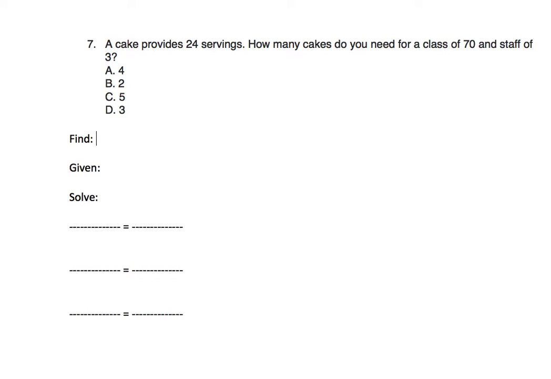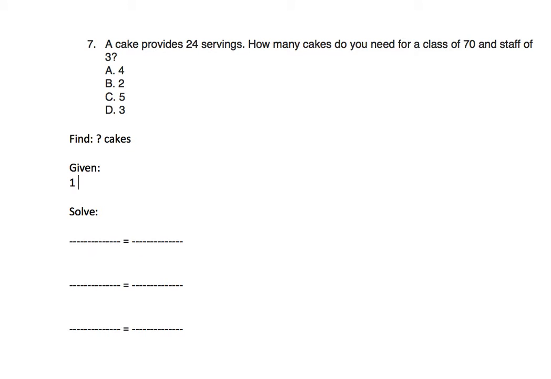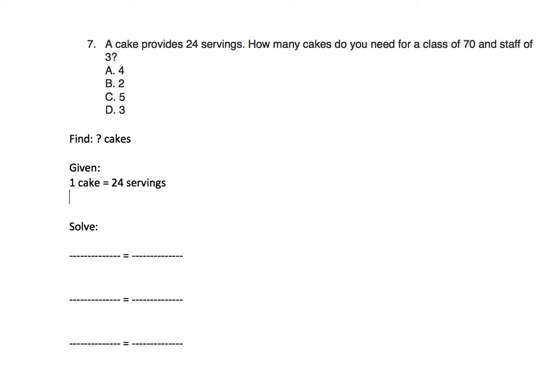So we're supposed to find how many cakes. And we're given that one cake, it says a cake, but that means one cake, equals 24 servings. And then how many servings do we need?